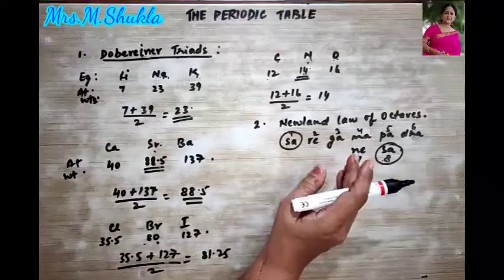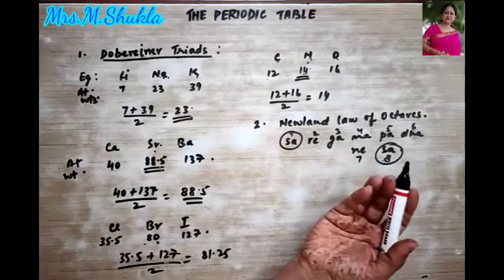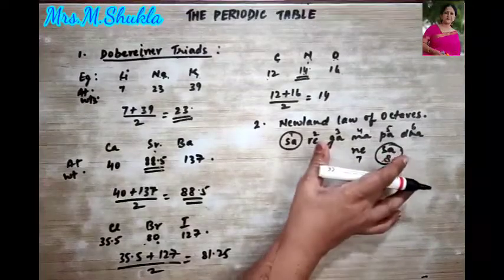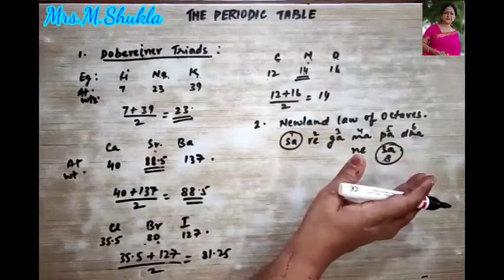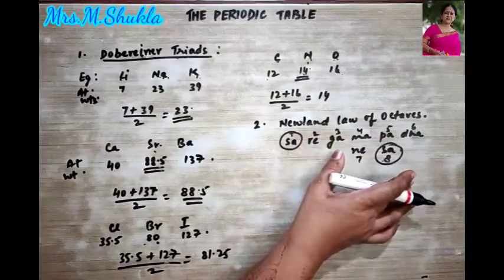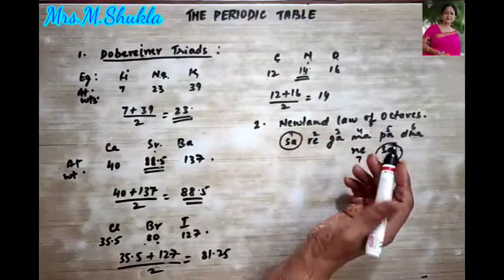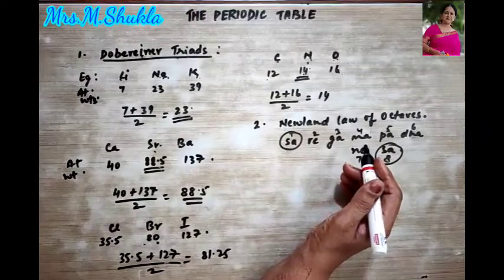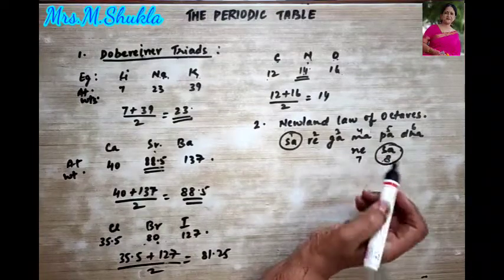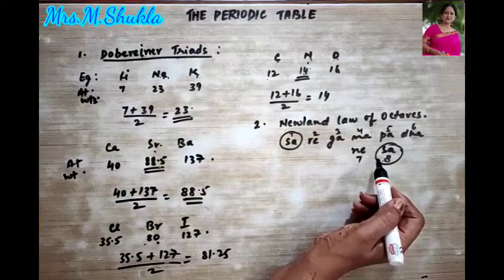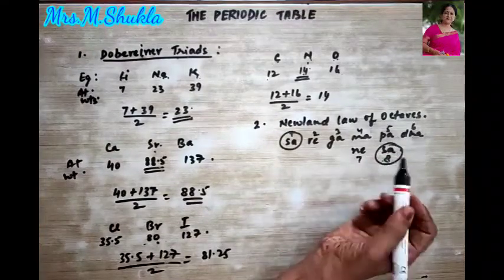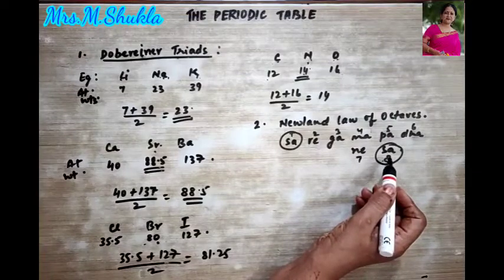Elements above calcium could not be classified into this form. So heavier elements he was not able to classify. Later on, when more elements were introduced, every eighth element became a noble gas element. When the noble gases were discovered, they were made the eighth elements.